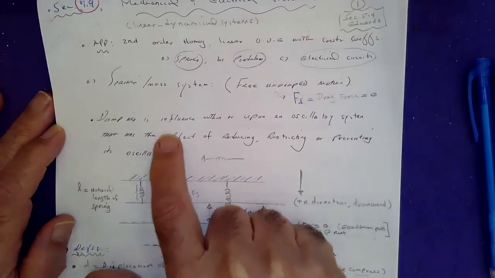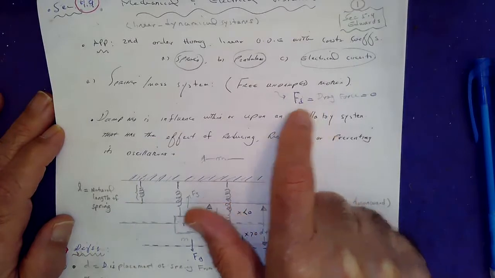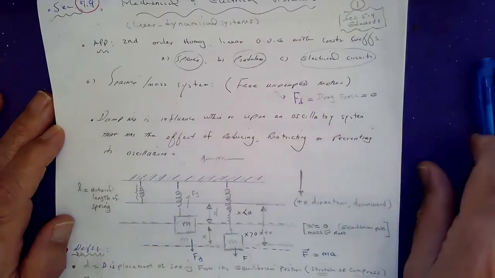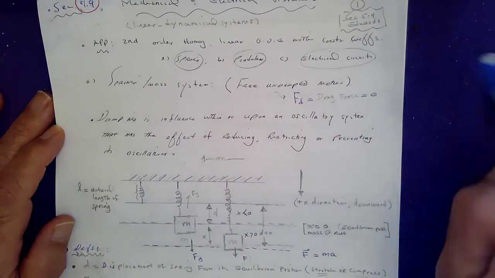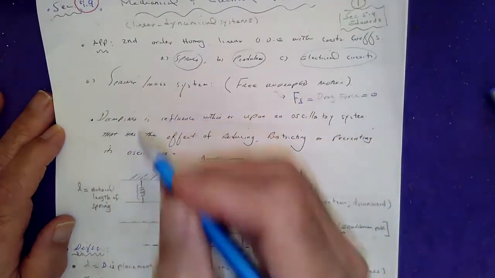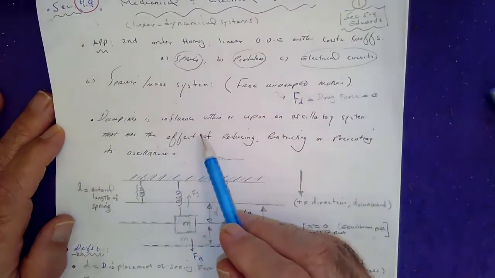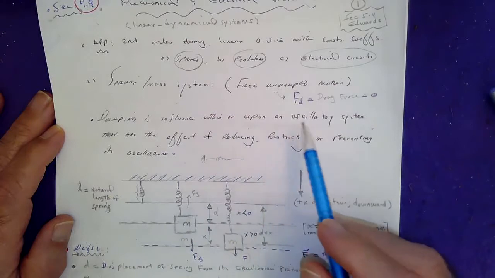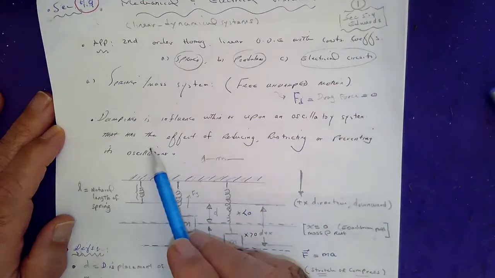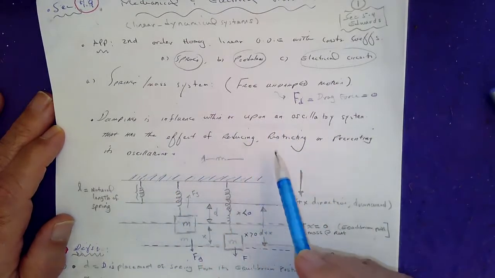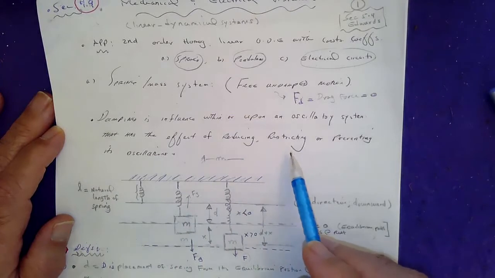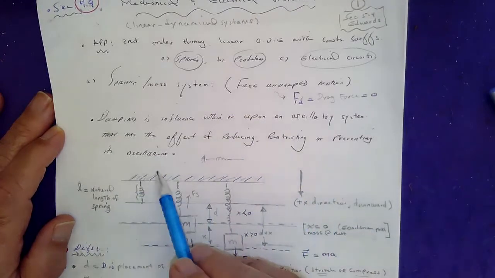So as far as the damping is concerned, let's just define that quickly. Damping is the influence within or upon an oscillatory system that has the effect of reducing, restricting, or preventing its oscillation.